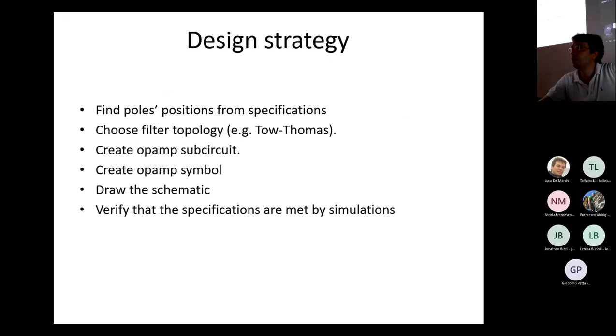One interesting degree of freedom is that for the different second order stages that you will have to implement, you can select different topologies. For example, you can keep the Sallen-Key topology for the lowest Q stages, and then use the Thomas topologies for higher Q stages, in order to exploit the reduced sensitivity to variations in the Thomas topology.